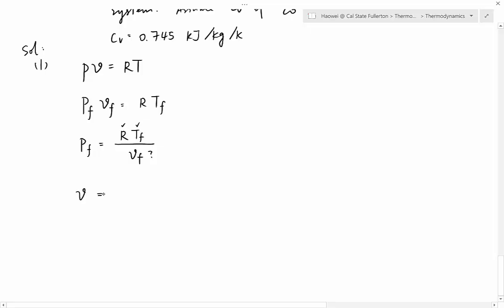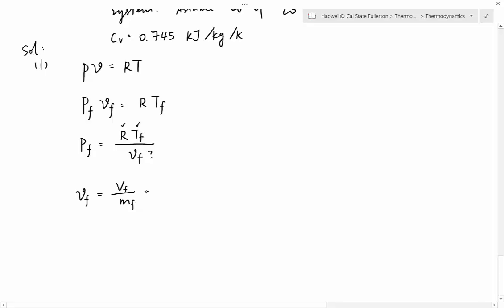We probably want to go back to the definition of specific volume. The definition of specific volume is volume over mass. Since we're looking for the final specific volume, we add a subscript F, meaning final, to every parameter.